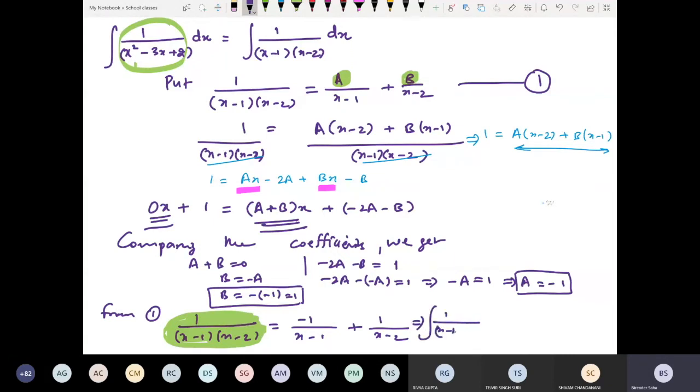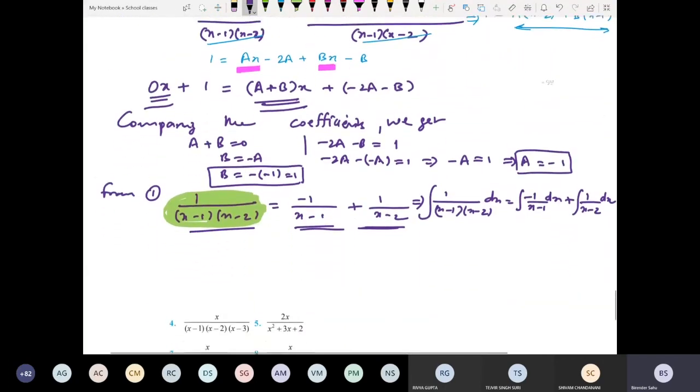If we integrate both sides, what will happen? Integrating this means integrating both of them. So it will be minus 1 over x minus 1 dx plus 1 over x minus 2 dx.